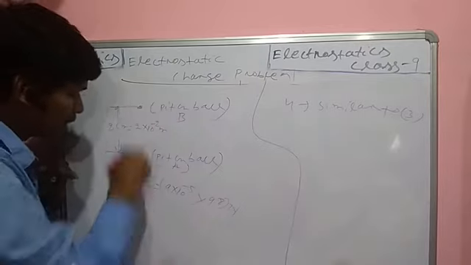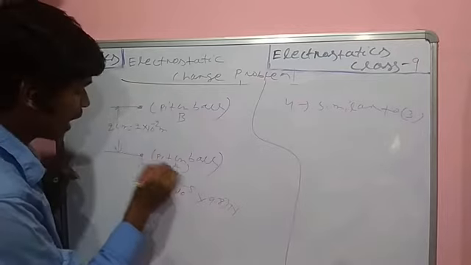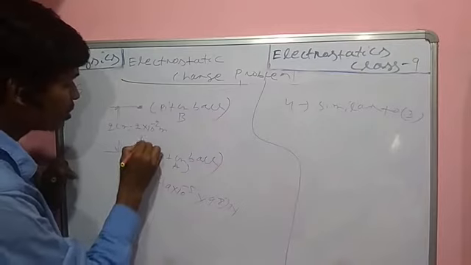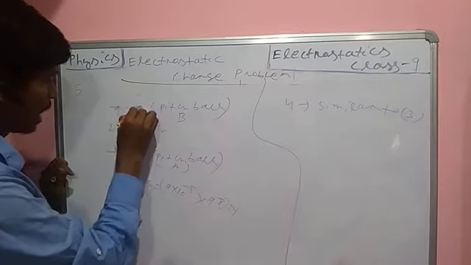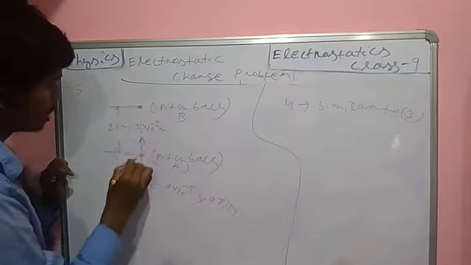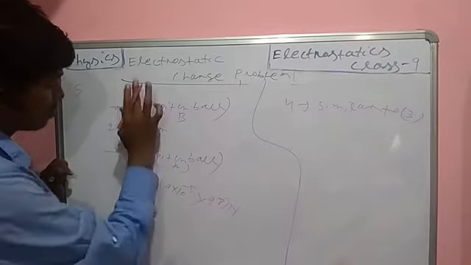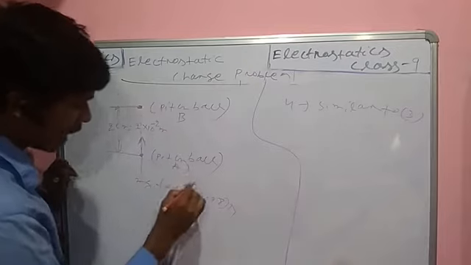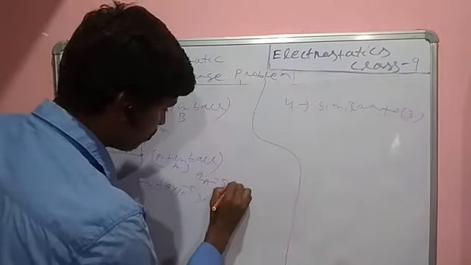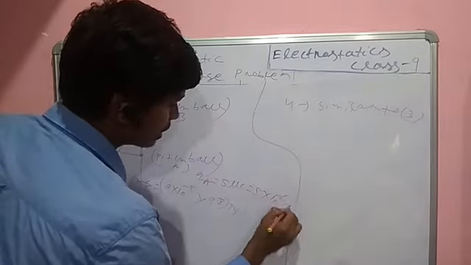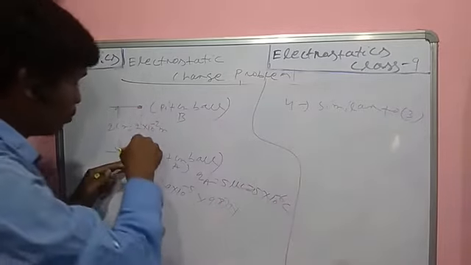That means there is a force acting on pith ball A in the upward direction, which is the electrostatic force due to the charge. Pith ball A has charge Q, given as 5 microcoulomb or 5 into 10 to the minus 6 coulomb. It is a positive charge.